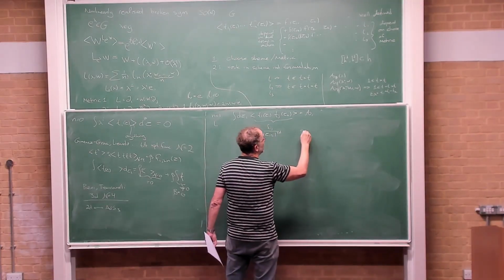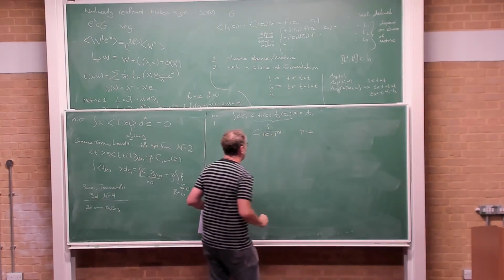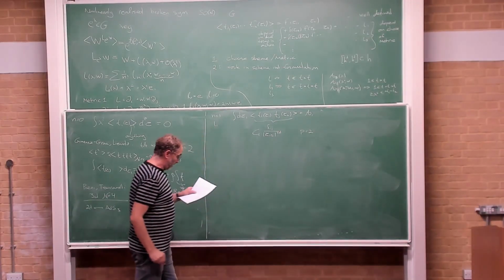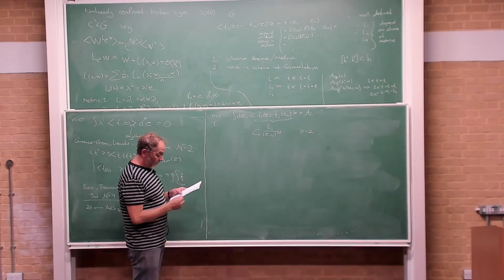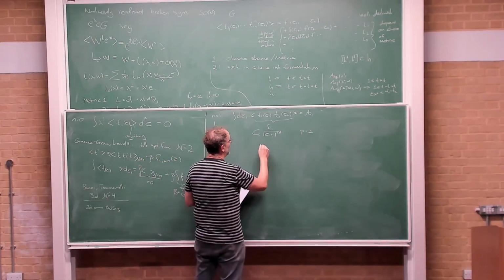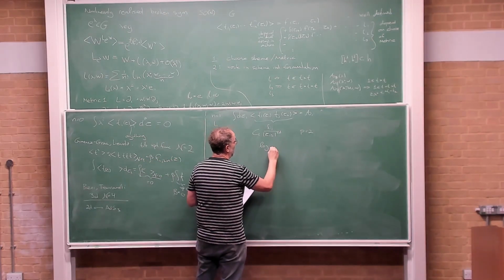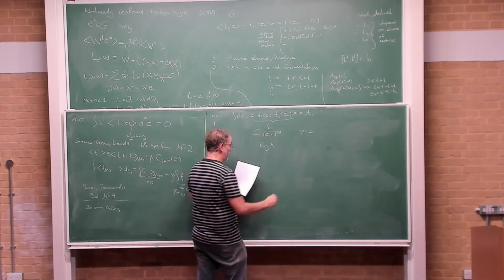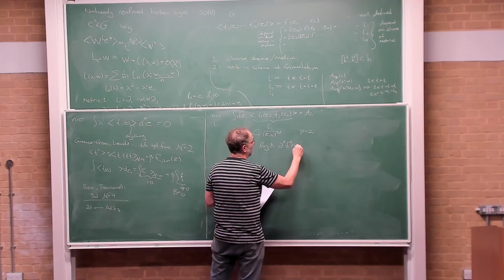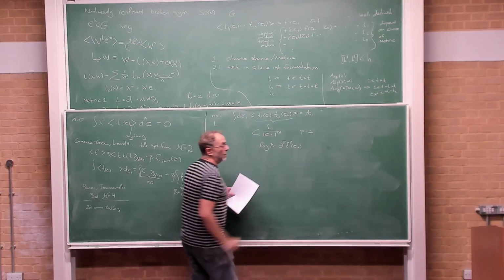So for p equals 2, this thing does not behave well at coincident points. And what you get is some log divergence times partial p delta p of tau 12 as the contact term.